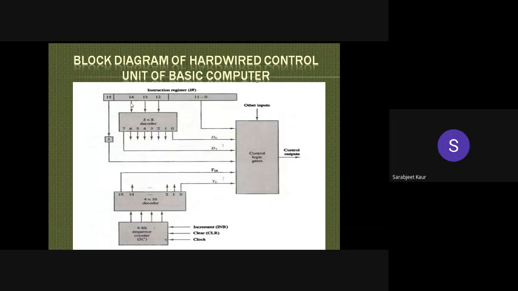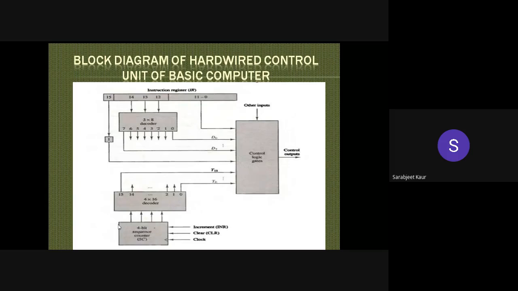So when the opcode was 011, that is D3 was active, and the sequence counter has produced the count 0100, that is T4 is active, at that time, what do we want to do? We don't want to do anything here. We want to actually clear the sequence counter itself, that is, reset it back to 4 zeros.